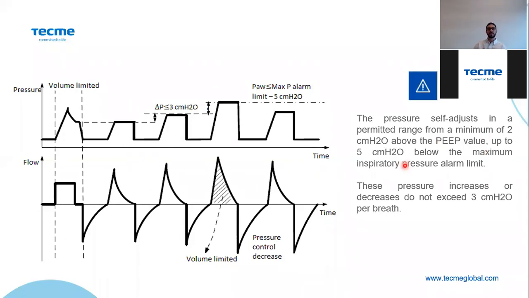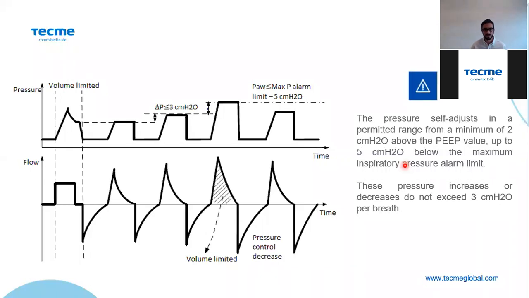Of course, here you have to be careful about the alarm limits, okay? Because what happens if the pressure increases and increases and increases, but the tidal volume cannot be reached?